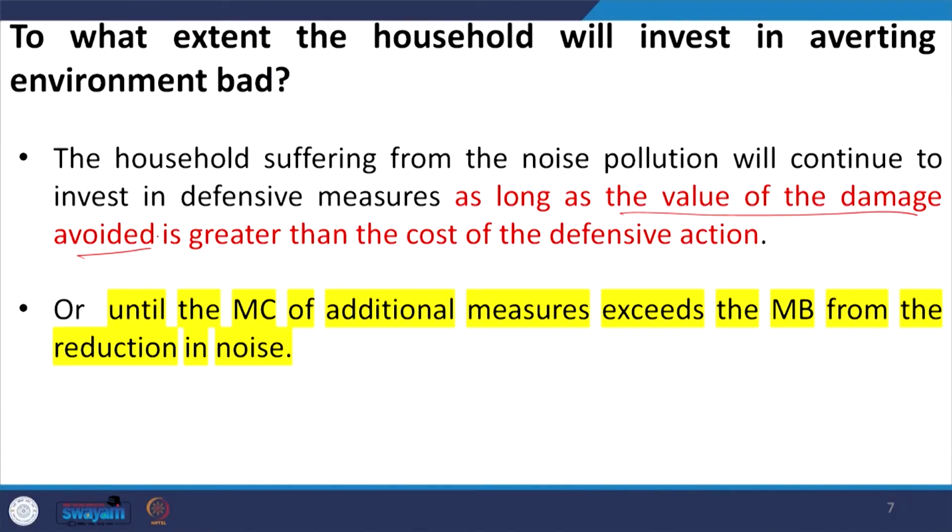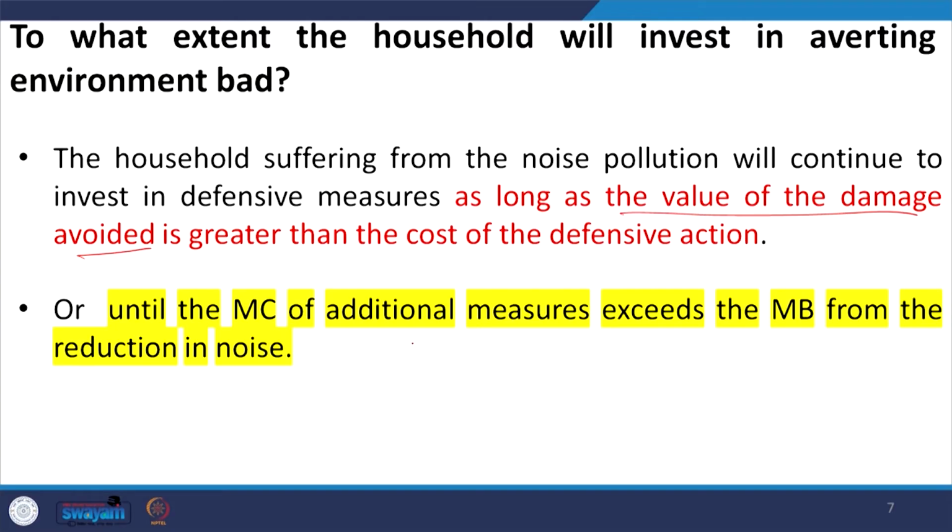Or technically, the same thumb rule can be expressed in technical terminology. This particular household can continue investing in such averting expenditure until the marginal cost of additional measures he is taking in order to defend against this noise exceeds the marginal benefit from the reduction in noise. So, this is the same thing.